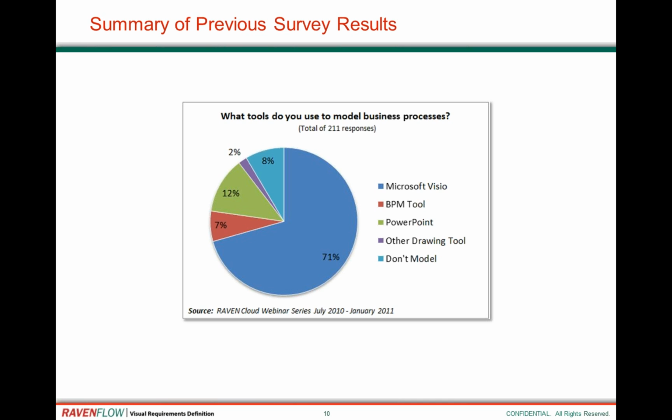So that's a go-to flowcharting tool because Office drawing capabilities are fairly simple for business analysts to use, and so forth. So I just thought it would be interesting to compare how you all responded today to historic results of this same question over the last several months.